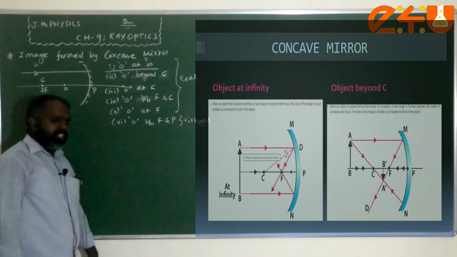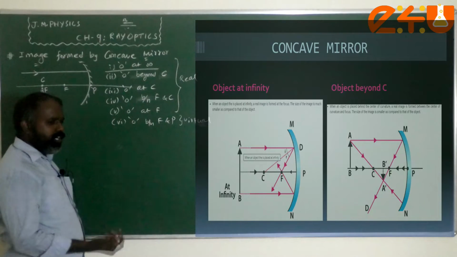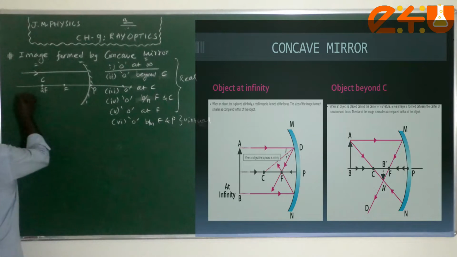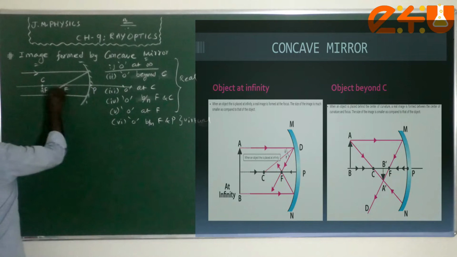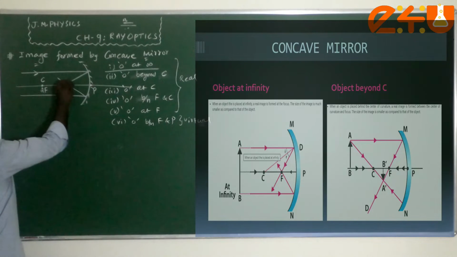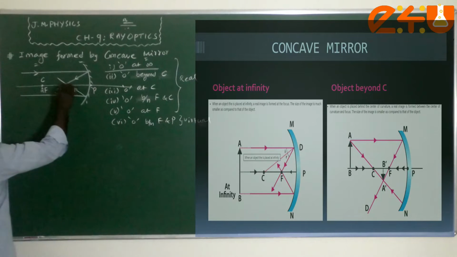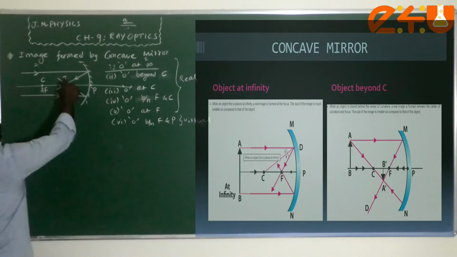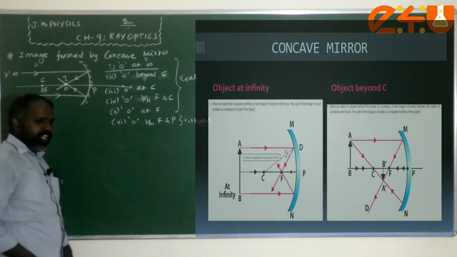As we said earlier, 2 rules are enough to draw the image formed by the mirror. These light rays will converge at a single point, that is the principal focus of the mirror, and this is the position of the image. So this is the image position when the object is at infinity.